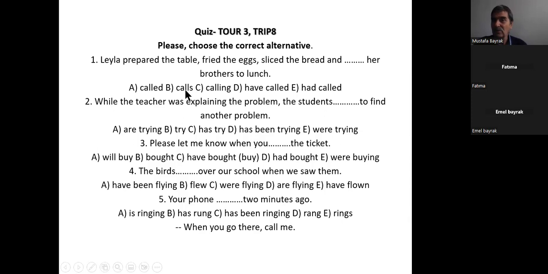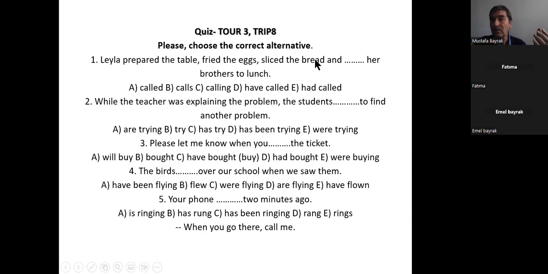So, is B true? No, it's not about present tense. Calling, no, there isn't a continuous tense here. There isn't is, or are, or was, or were, or be in the sentence to make the verb-ing, okay? Have called, no, it isn't the present perfect tense.